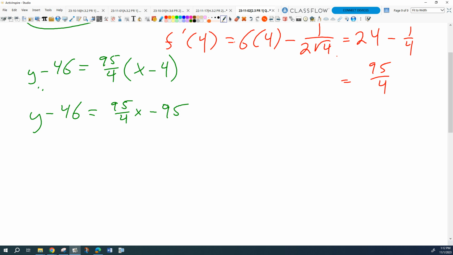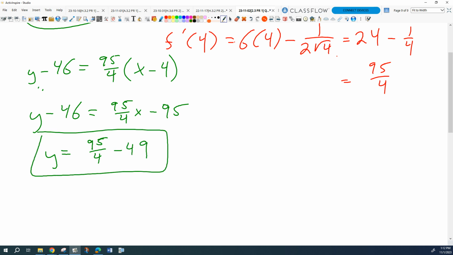And so I get what? 49? There's our tangent line. Good. Oh, where's the x? Sorry. There we go. Forgot my x. X marks the spot after all.